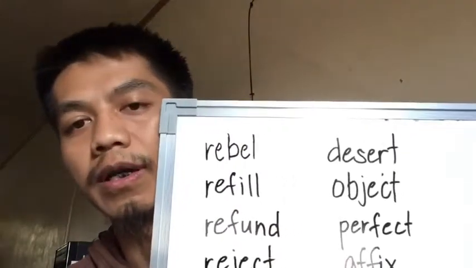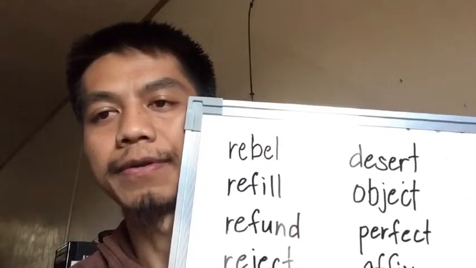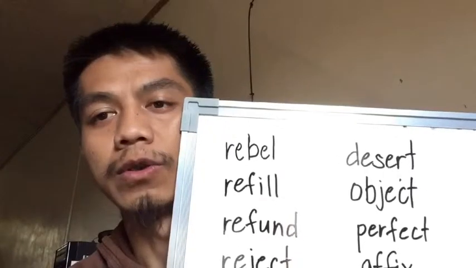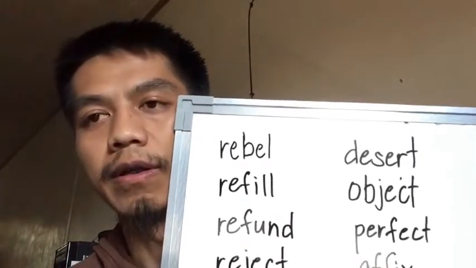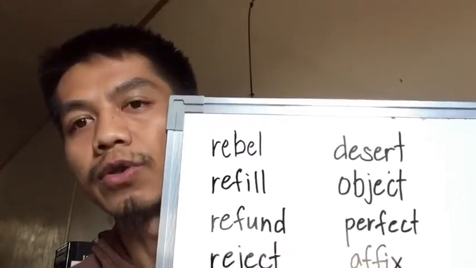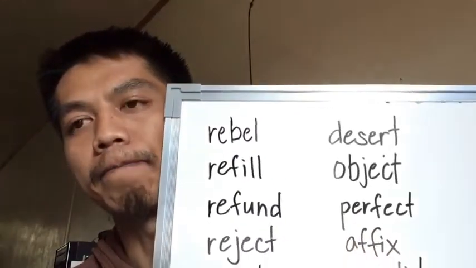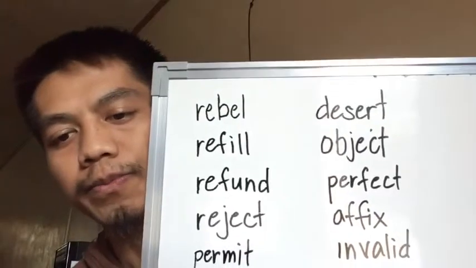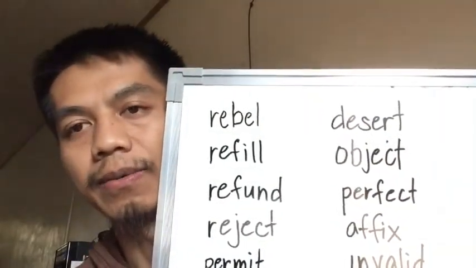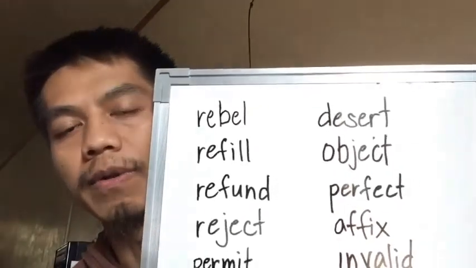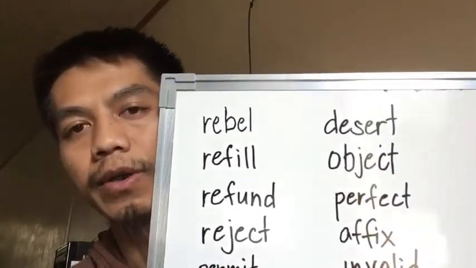For example, I would say, I don't want to desert my house. Or I don't want to desert the military. That means I don't want to leave the military. To desert means to leave without giving any notice. Right.